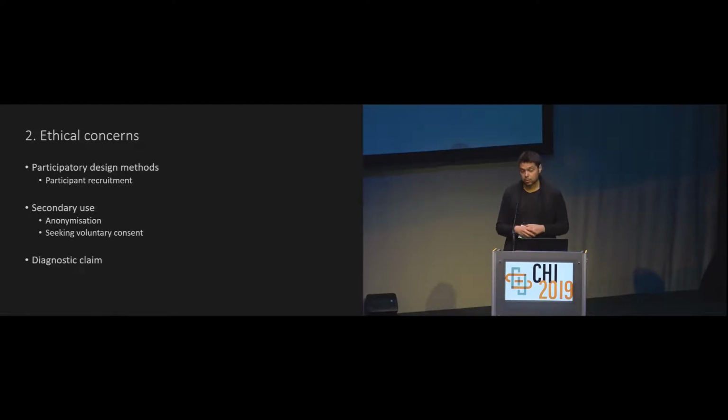Finally, since a lot of the papers were concerned with diagnosing affective disorders, we have also seen interesting discussions on how the diagnosis can impact people, particularly when systems take this authoritative role of claiming a diagnosis. There needs to be a concern on when and where this diagnosis can be shared.